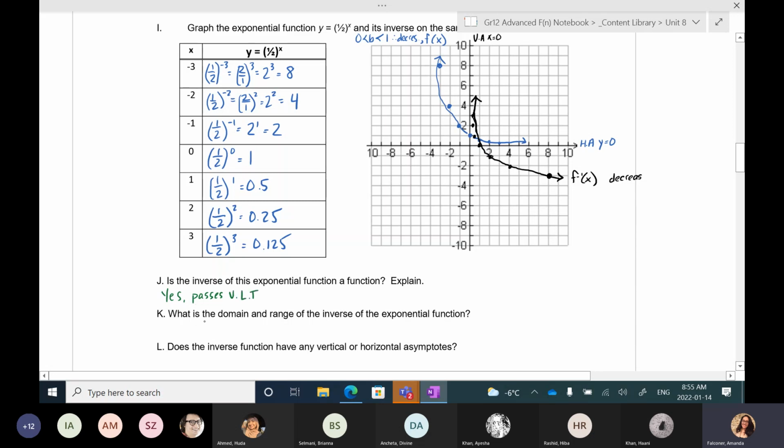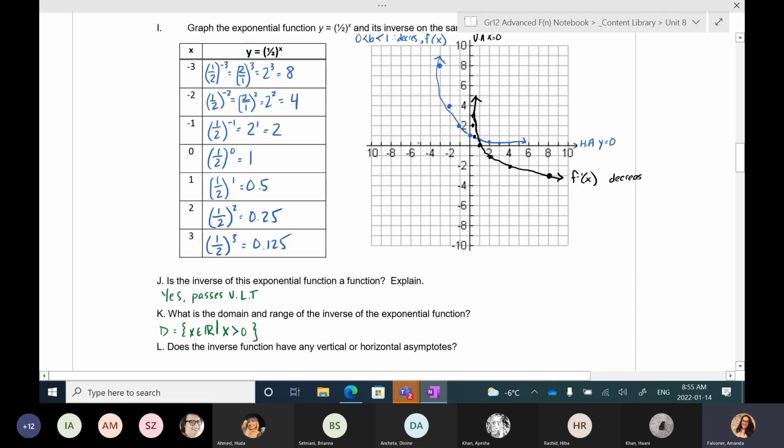What is the domain and range of the inverse of the exponential function? So the domain is x is an element of the real number set, such that x's are greater than 0, right?